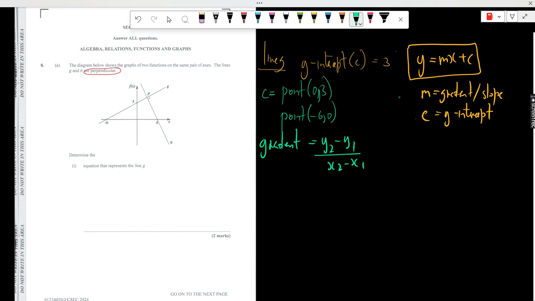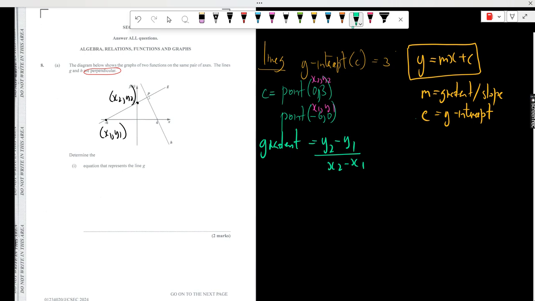Typically, we can let any point be x1, y1, but for a line sloping like this, we let the lower point be x1, y1, and the upper point be x2, y2. So our (0, 3) is our x2, y2, and our (-6, 0) is our x1, y1.